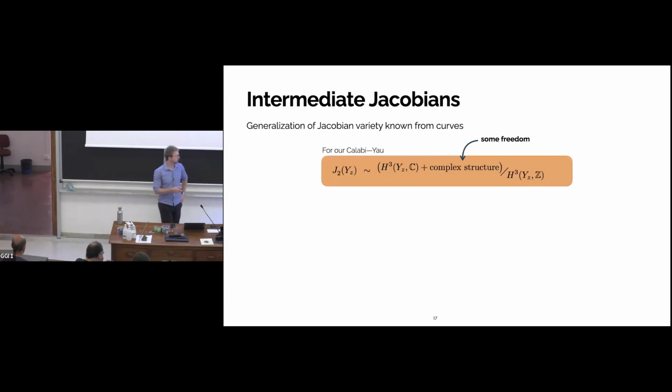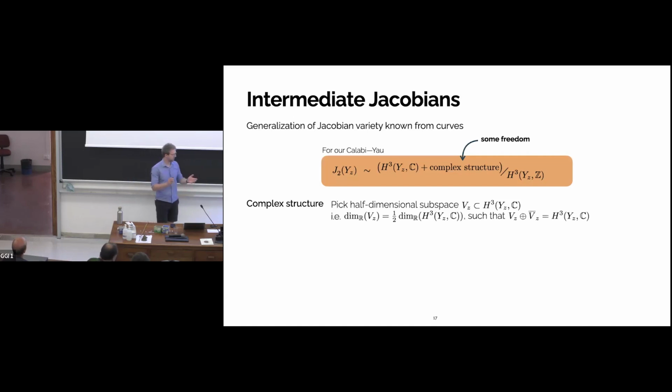So in general, if you want to look at the Calabi-Yau threefold that we are looking at, such an intermediate Jacobian is in general defined as follows: you take your differential three forms over C, mod out by the differential three forms over Z, the integers, and you add some complex structure. This doesn't play a role in the curve case, but for high-dimensional varieties, this does play a role.